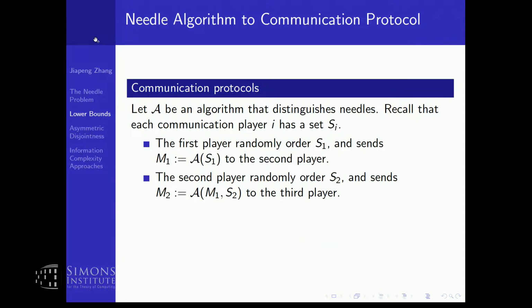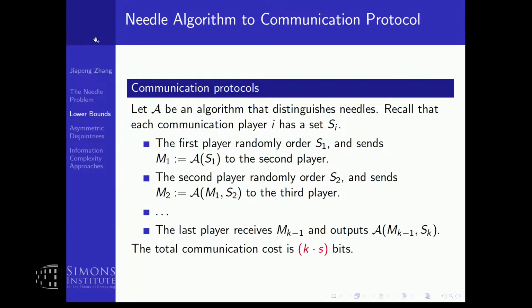The second player gets this information, M1, and continues the simulation, all the way to the last player, who is able to finish the simulation and output the answer of algorithm A. So I just partition the streaming data and send it to each player, and each player simulates one by one. This is a one-way protocol, a very simple communication protocol.